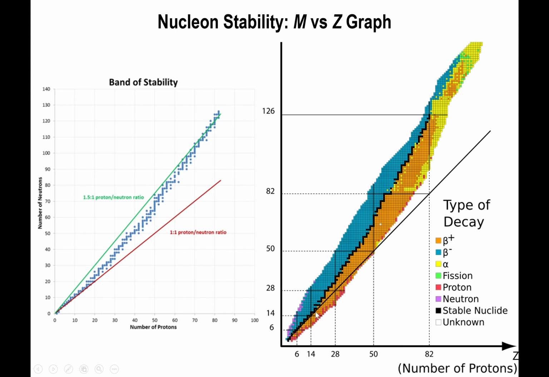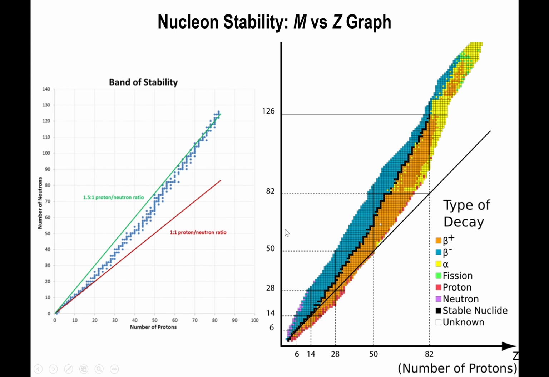But as you go past roughly 20, the number of neutrons starts increasing compared to the number of protons. And you have a skewed view from that one-to-one linear plot that you see right here.